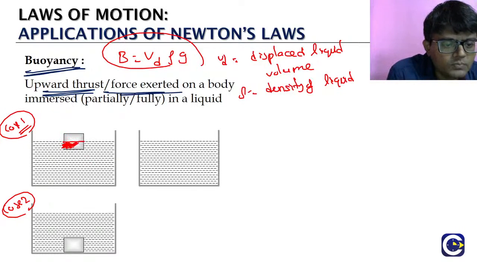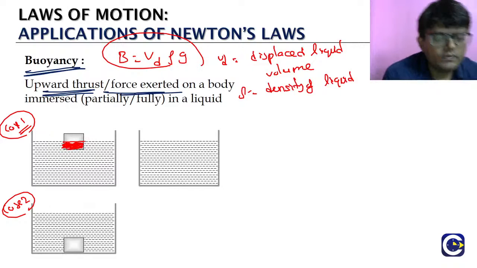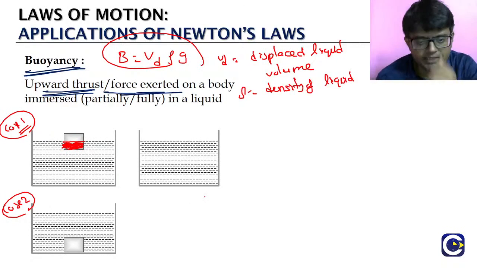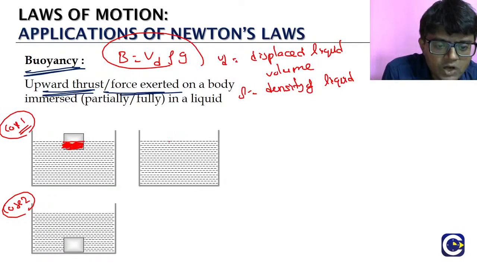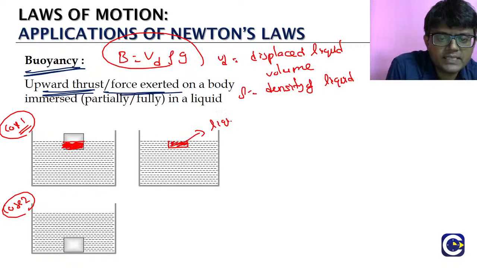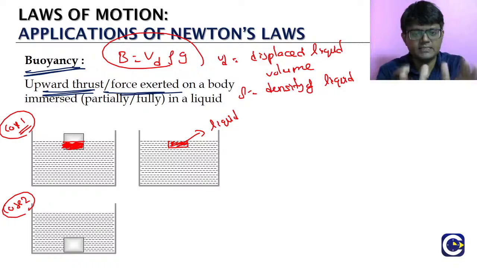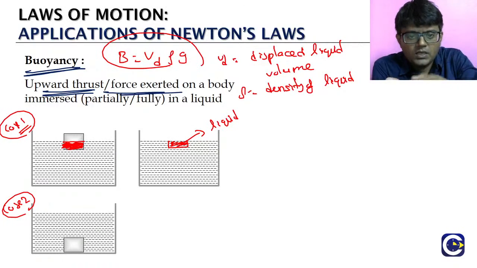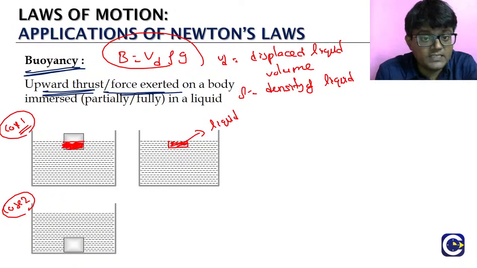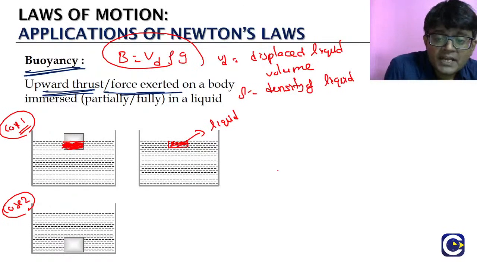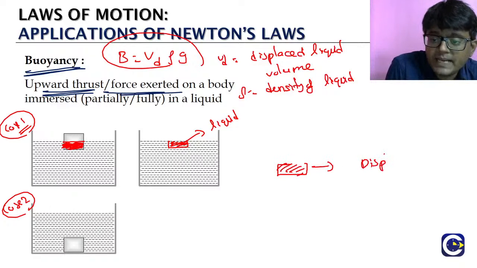The volume which is now occupied by that solid object was previously occupied by the liquid itself. If you take the vessel with just the liquid, the immersed volume now occupied by the object was previously occupied by the liquid itself. Now take that liquid. This is the displaced liquid.